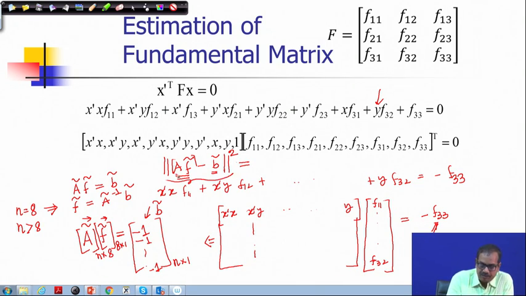So, you have to find out that f which will minimize this norm, and that can be solved by least square error method.